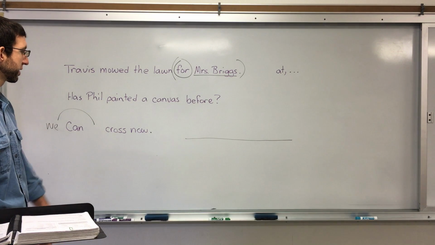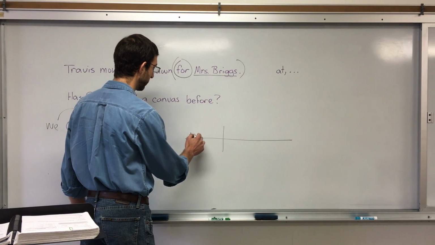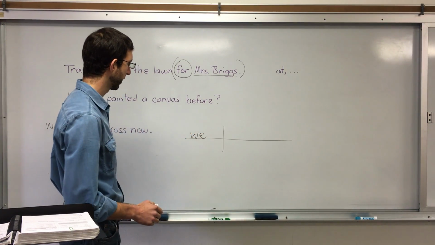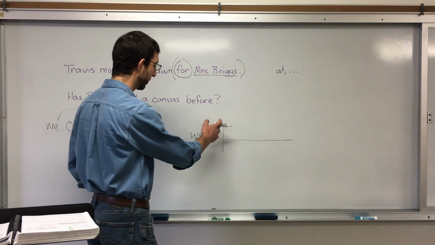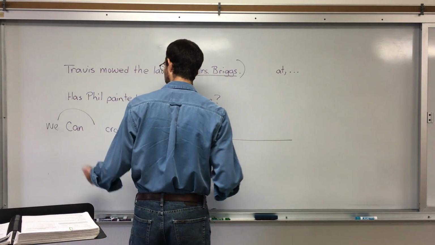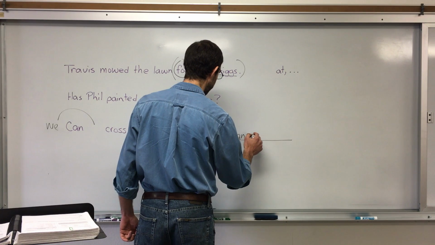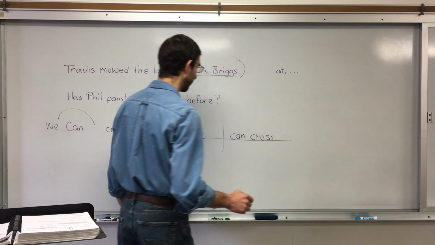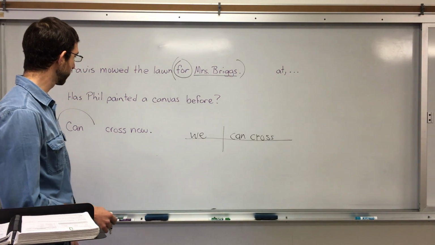We can cross now. Subject goes where it usually goes. It's a verb phrase, right? So we put both of those words on. We can cross. And one word left, now.